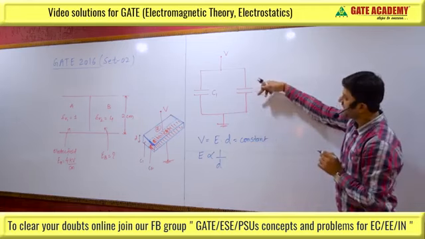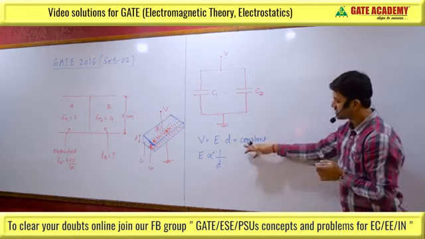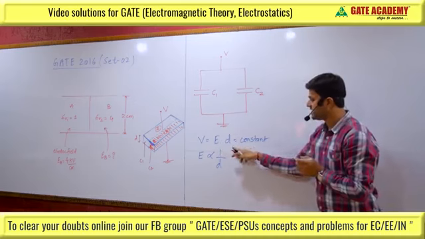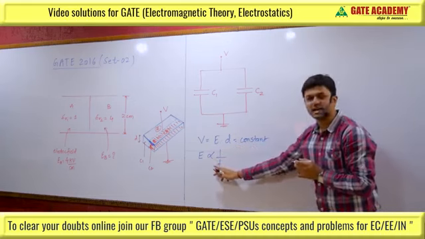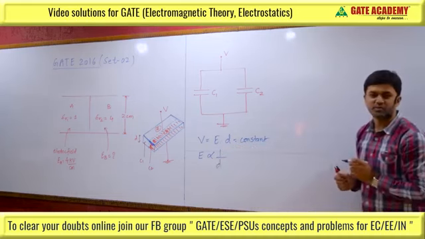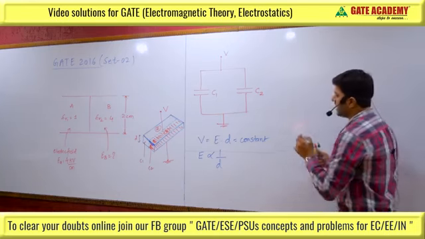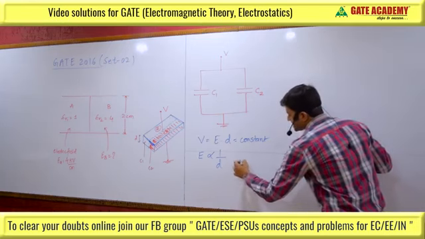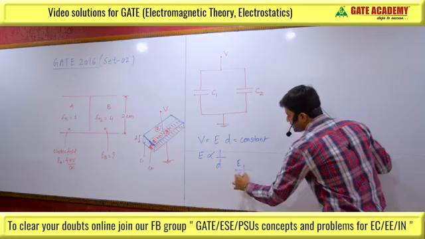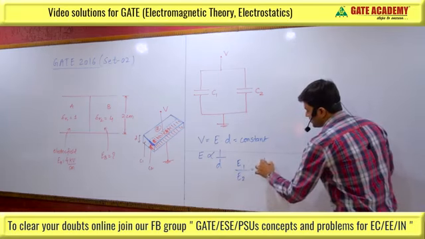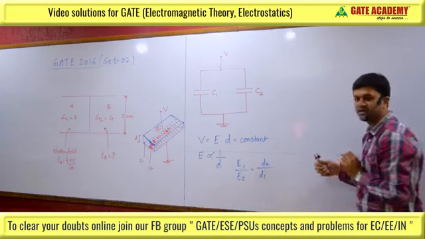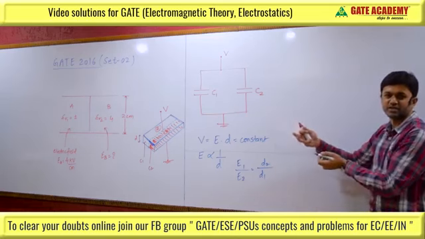The potential applied across this plate is constant, so ED is constant, or we can write it as E is inversely proportional to D, and we can also write it as E1 upon E2 equal to D2 upon D1, and the distance between the plates is also the same.